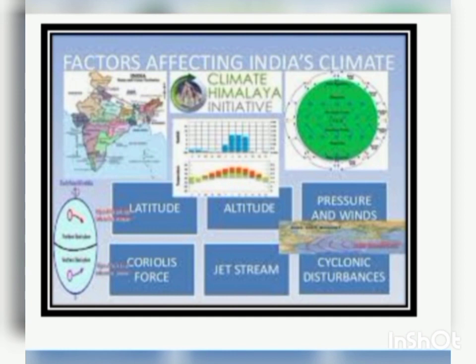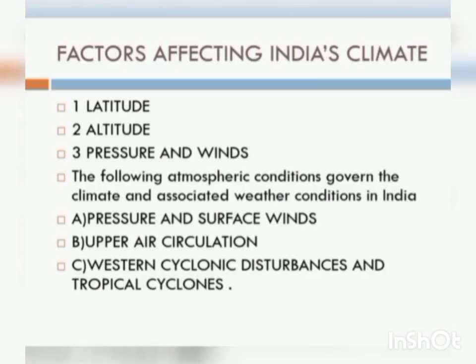Look into the photograph. It is showing you the factors affecting India's climate. They are latitude, altitude, pressure and wind, Coriolis force, jet stream, and cyclonic disturbances. Let's discuss them in detail one by one. How latitude affects India's climate.